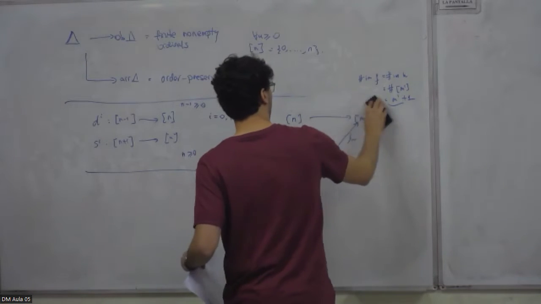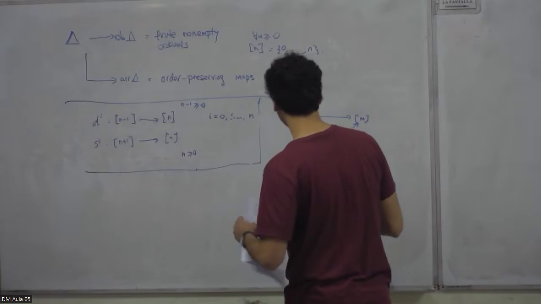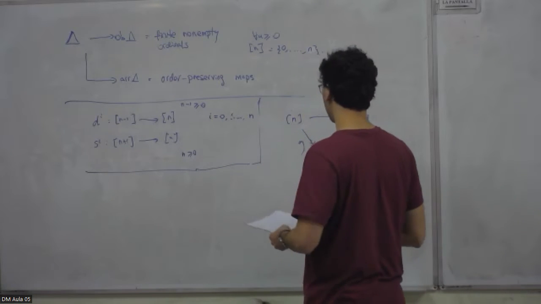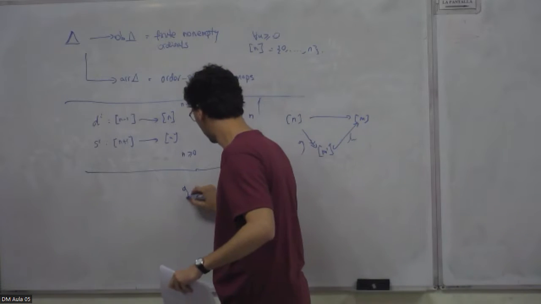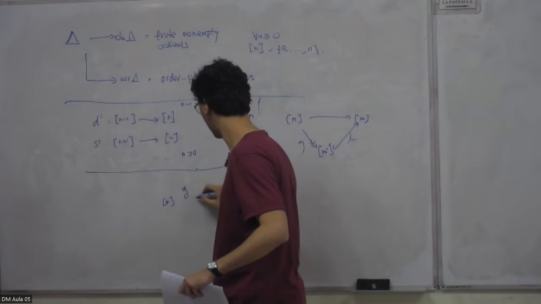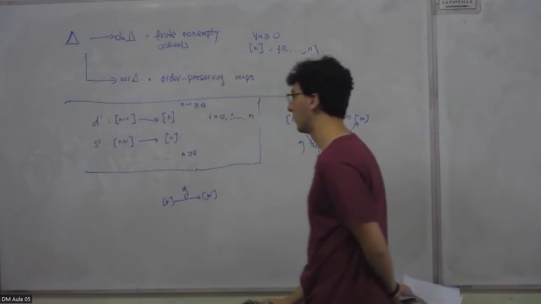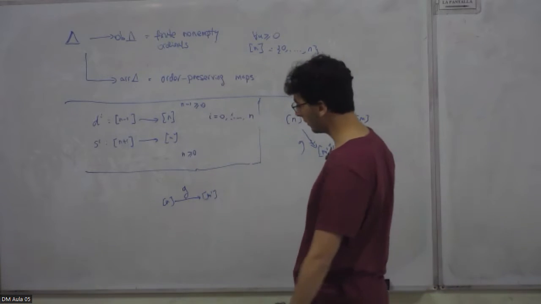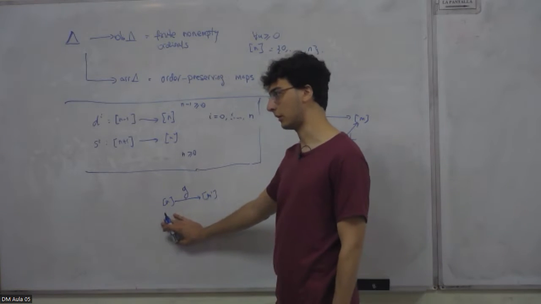And now let's say we encounter in the wild an order preserving surjection like this one between some ordinal m and some other ordinal m prime. So here we can consider all the values at which g is non-increasing.